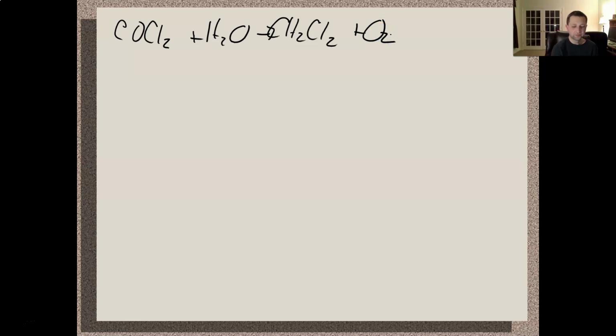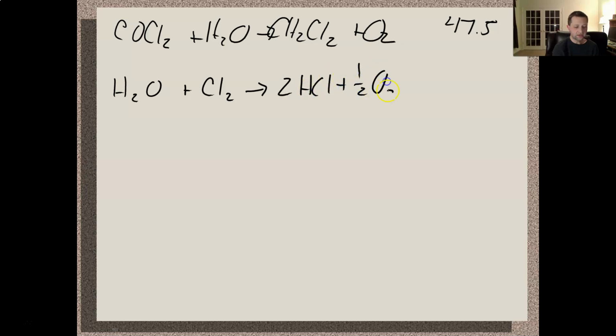The first equation: COCl2 plus H2O yields CH2Cl2 plus O2, and that was 47.5 kilojoules. The second equation we flipped, so we ended up with H2O plus Cl2 yields 2HCl plus 1/2 O2.